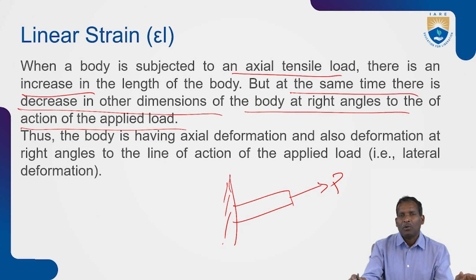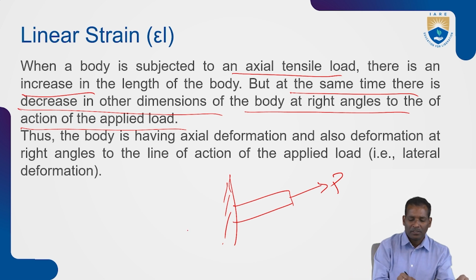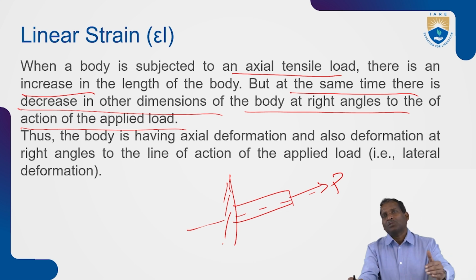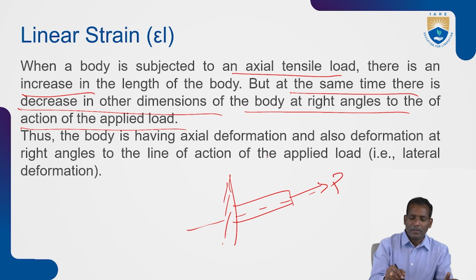So the body has axial deformation and also deformation at right angles to the line of action of the applied load. The line of action of the applied load is this one. The deformation perpendicular to the axial direction is called lateral deformation.